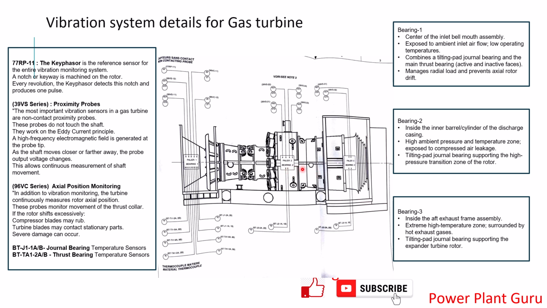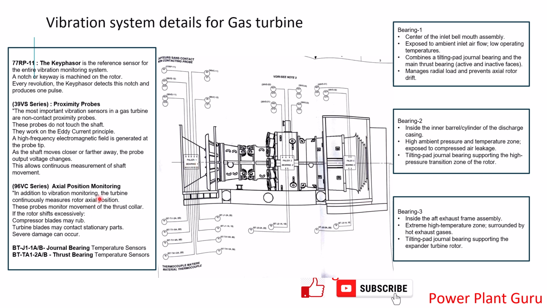So you need not worry about that 96 or the axial position monitoring. But in the first bearing, you have that kind of sensors also. Accordingly, you check how your shaft is moving in the X and Y direction.